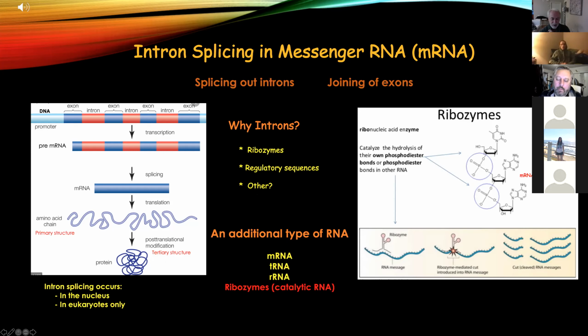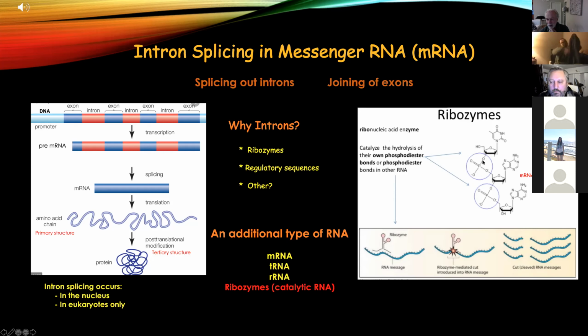So now we have an additional type of RNA. From the past, we have mRNA, tRNA, and rRNA. Add to that now ribozymes, which are catalytic RNA. The name comes from ribonucleic acid enzyme, abbreviated to ribozyme. And what ribozymes can do is hydrolyze phosphodiester bonds in a nucleotide chain.